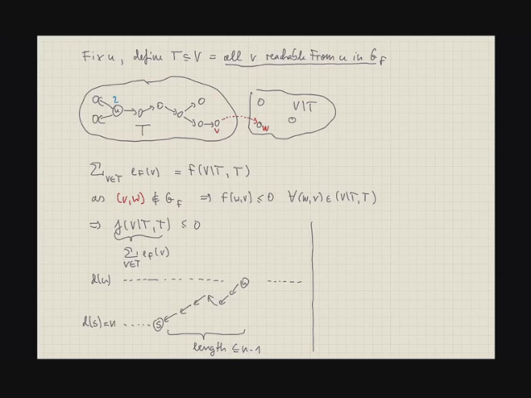But the only node with a negative excess is the source node S. So actually we have proved that S is in T. So that means that there exists a path in GF from U to S. And U was an arbitrary vertex with positive excess.